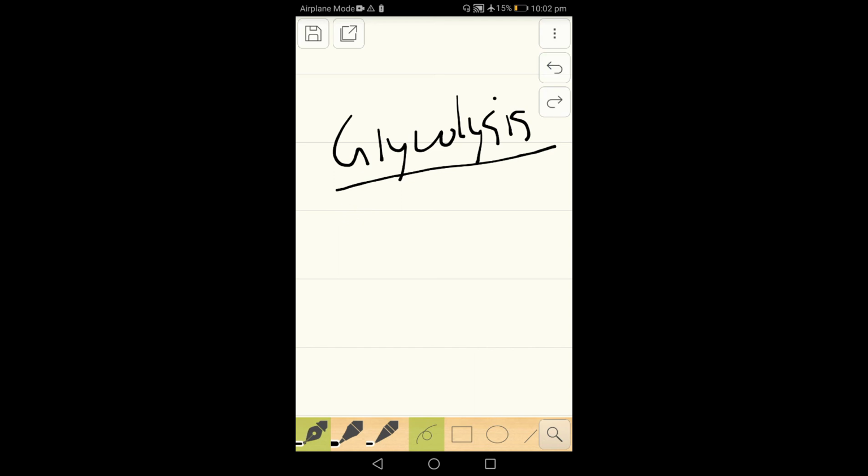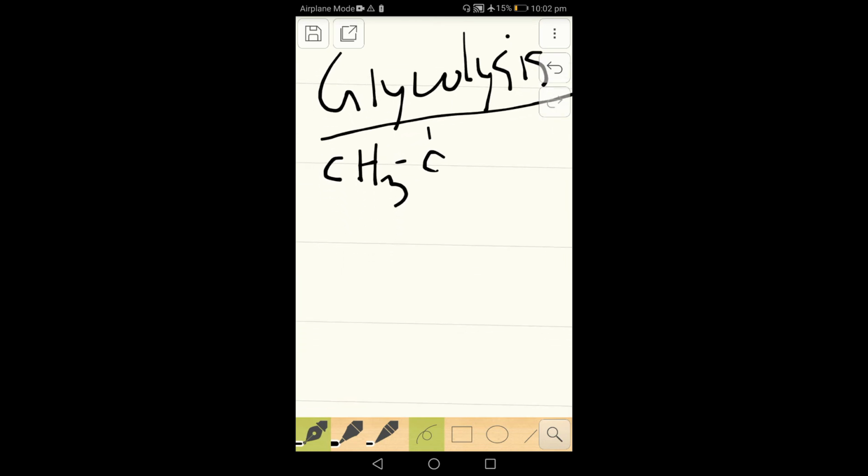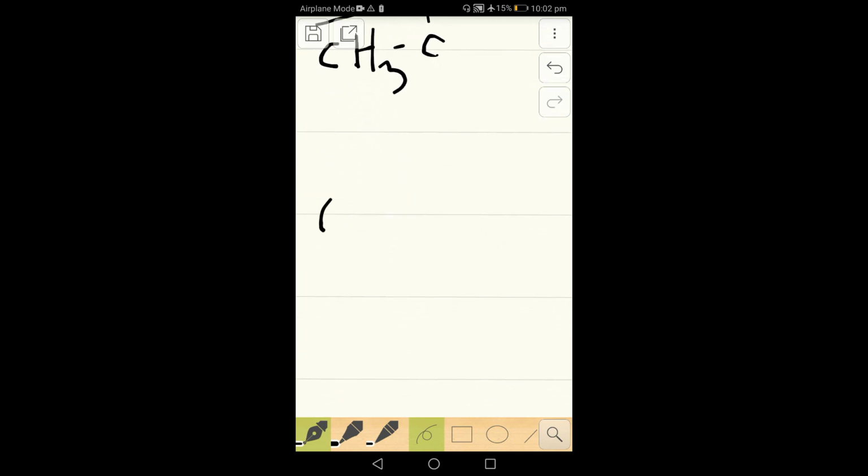You remember the structure of pyruvic acid, CH3 C double bond O COOH. In the production of pyruvic acid, for one pyruvic acid, one NADH was produced.